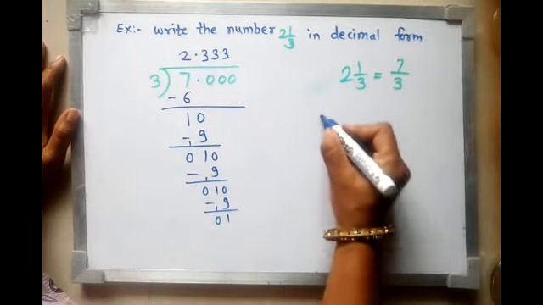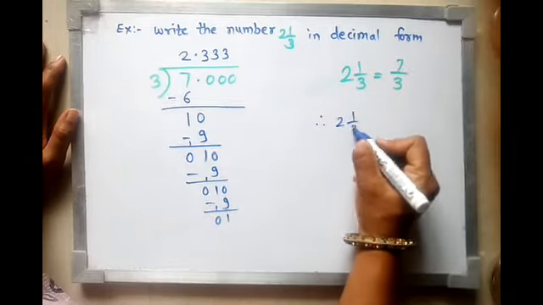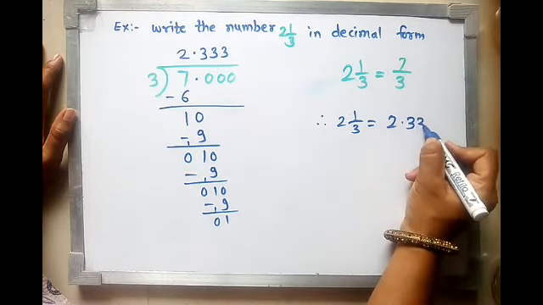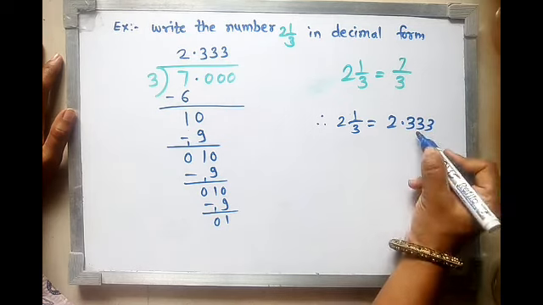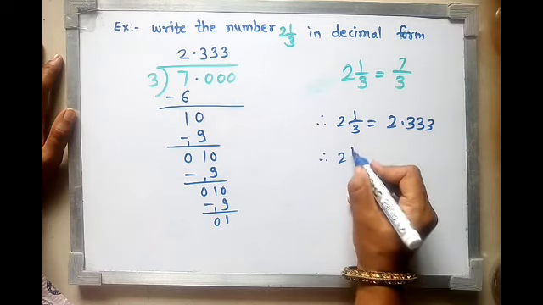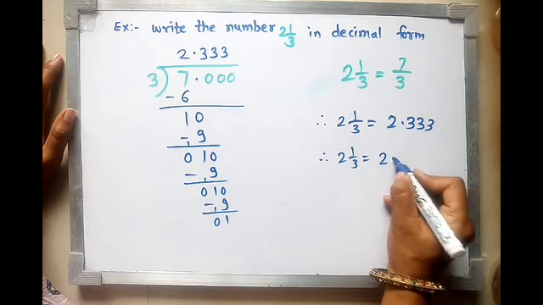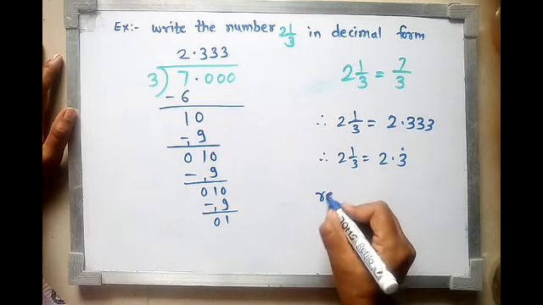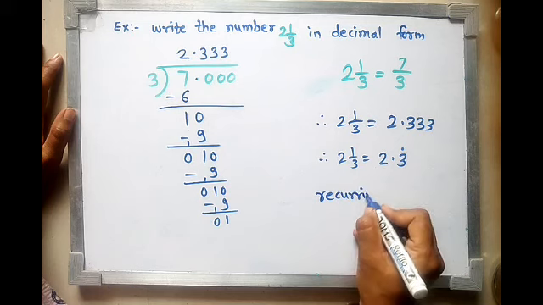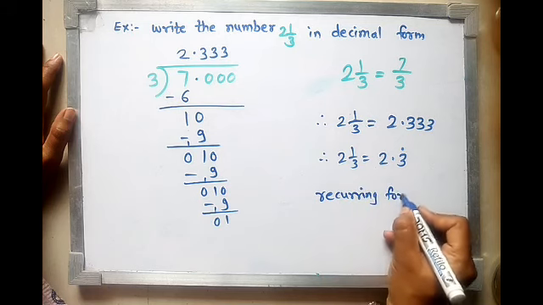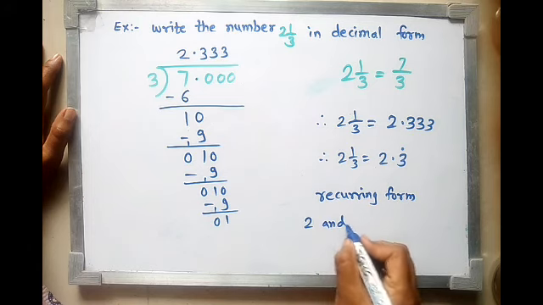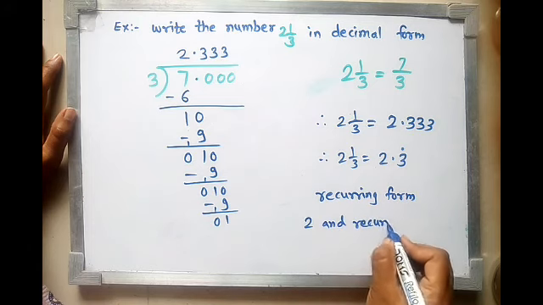One digit is occurring repeatedly again and again, so the answer is 2.333. Write the answer 2 point recurring 3. This fraction is in recurring form, and we read it as 2 and recurring 3.